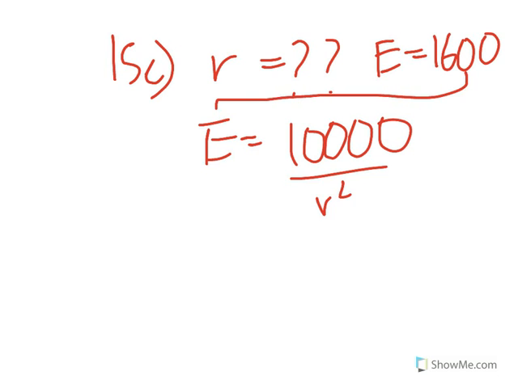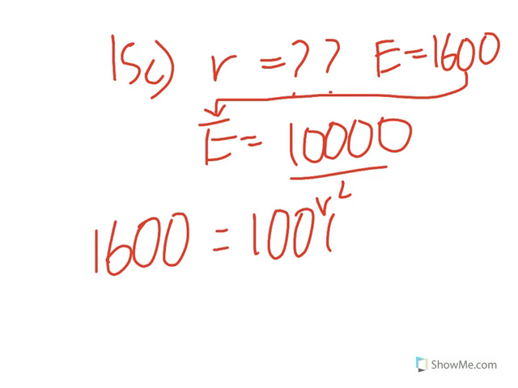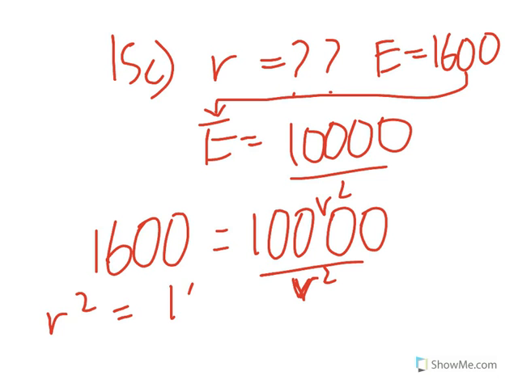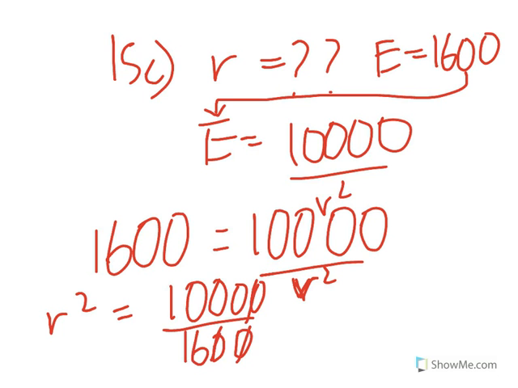Okay, so next question, we're asked to calculate R when E is 1,600. Similar to the previous question, all we got to do is substitute an E value. So we just get 1,600 is equal to 10,000 over R squared. Multiply both sides by R squared and divide by 1,600. You're going to get R squared is equal to 10,000 divided by 1,600.